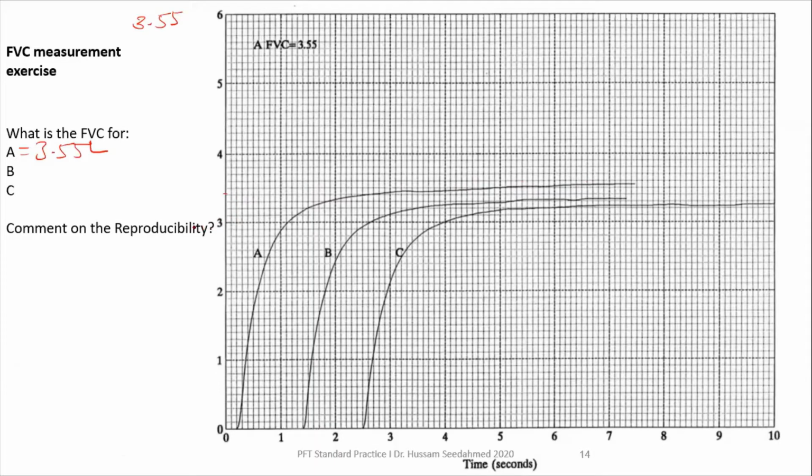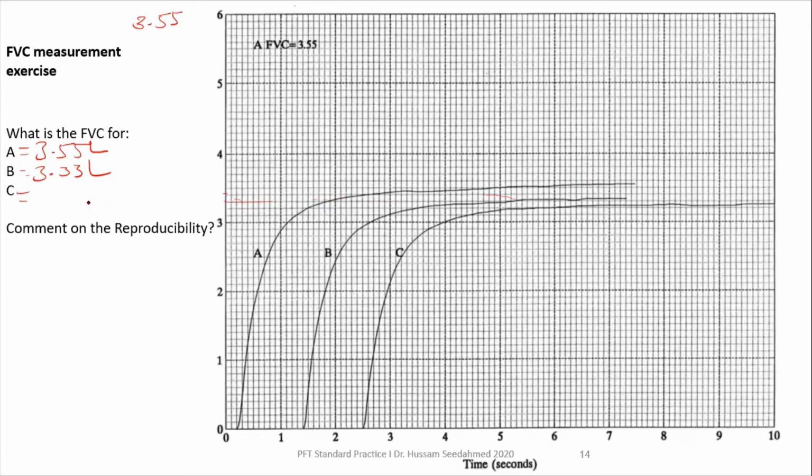This is for A. B, if we look at it also هنلقى إنه the curve at this point. So if we look at it, it's going to be about 3.30 or 3.33 liters or 3.1. طبعا definitely here manual is not going to be as accurate as the machine. بس I hope you get the idea.